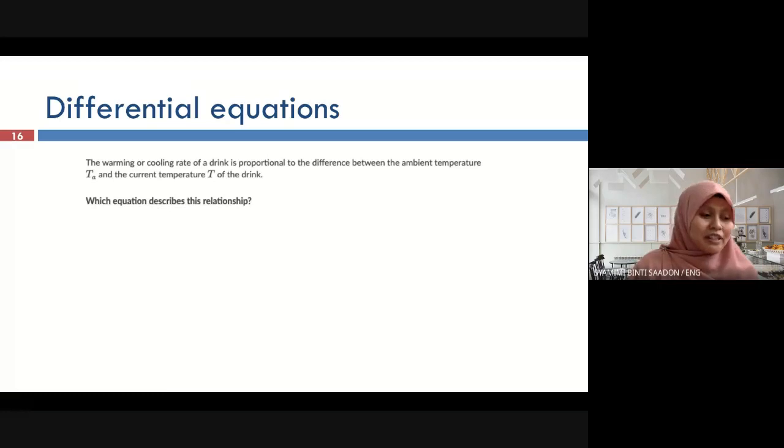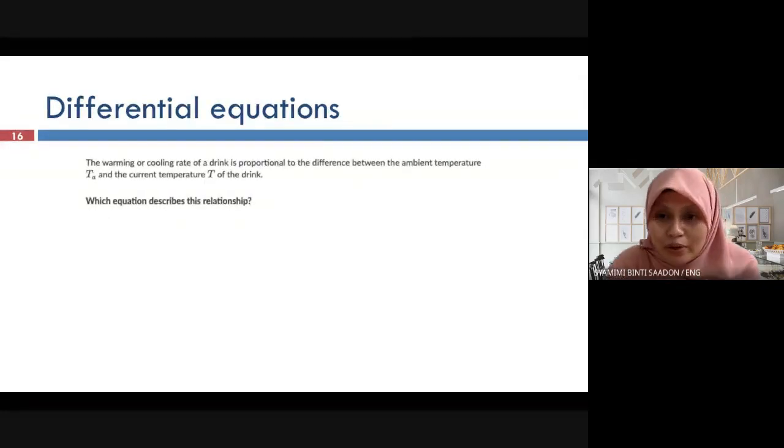We measure it in terms of time. So we try to measure the rate of warming or cooling of the drink, of the water, throughout the period of time. So dH over dt.